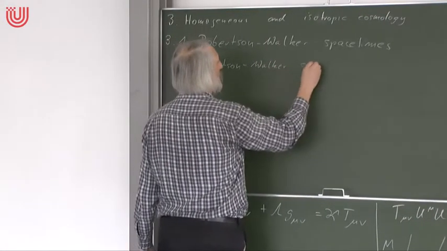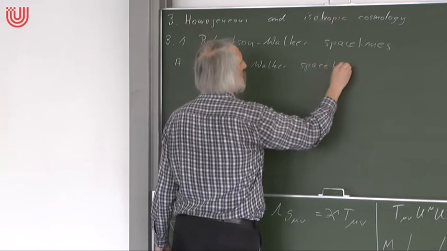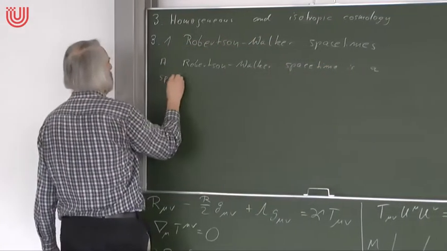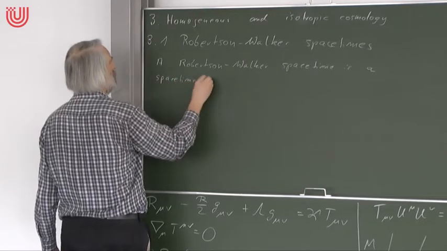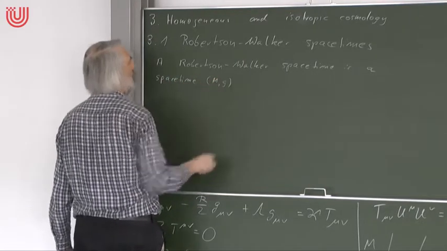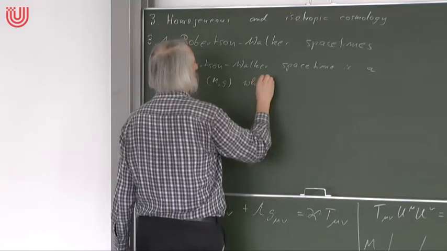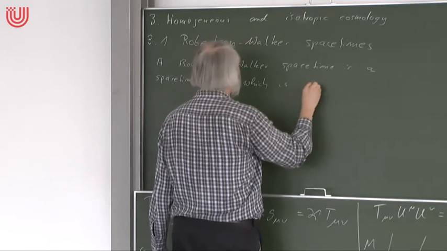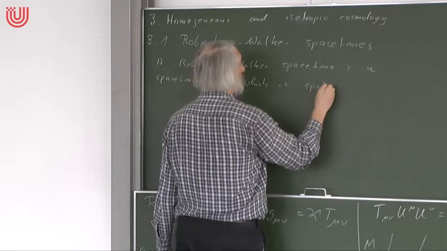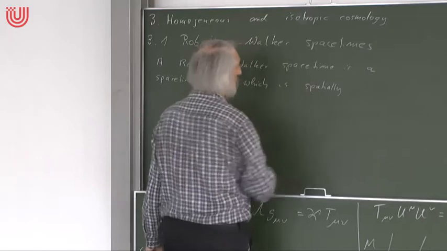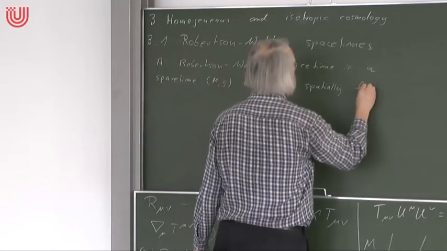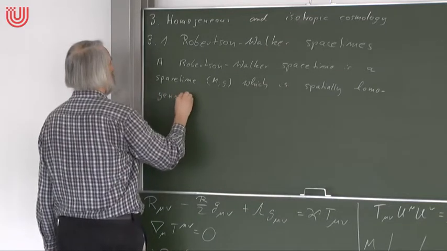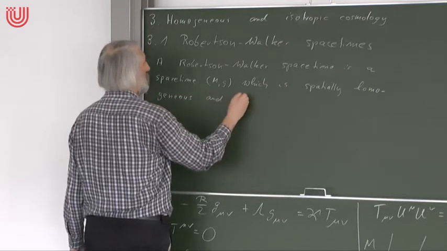A Robertson-Walker spacetime is a spacetime (M, g), a general relativistic spacetime, which is, I say it in words first, and then I discuss the mathematics, spatially, not as far as space-time is concerned, but as far as the space is concerned, homogeneous and isotropic.